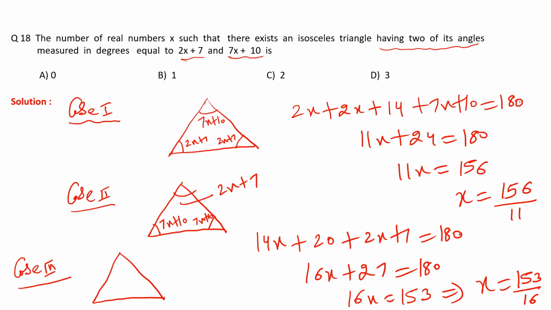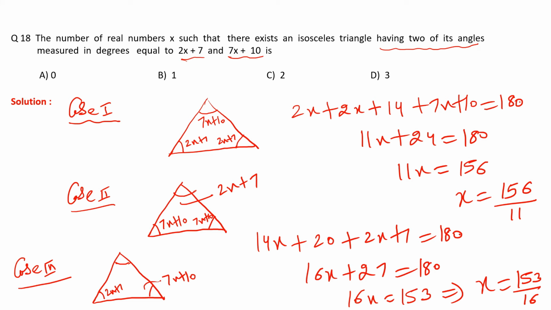So what I am doing is taking one angle as 2x plus 7 and another angle as 7x plus 10. I do not know about the third angle. So obviously, let us check whether we get the third angle in the suitable range or not.